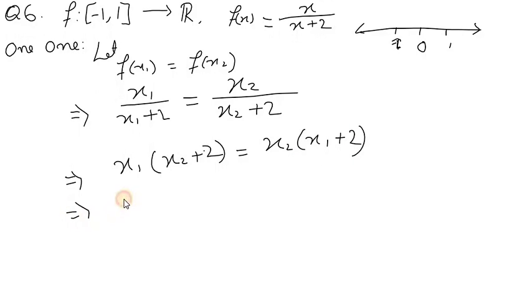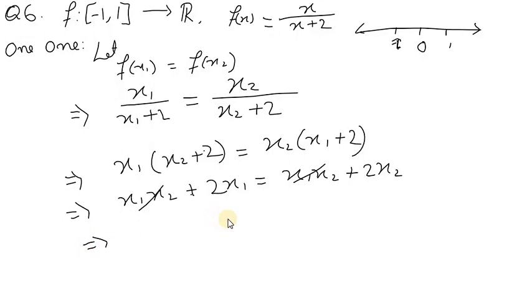Multiply this out: x1x2 + 2x1 = x1x2 + 2x2. Here x1x2 gets cancelled, so basically you have 2x1 = 2x2. Now cancel 2, so you get x1 = x2.